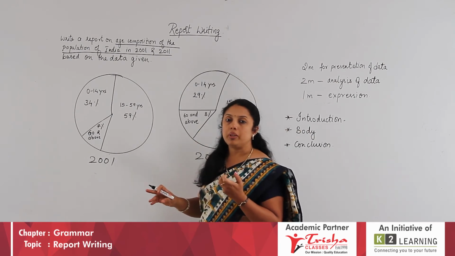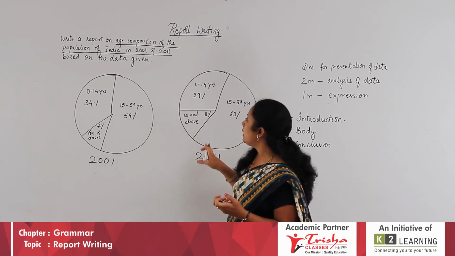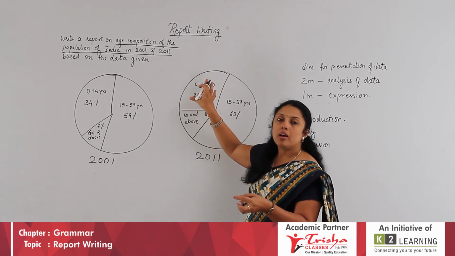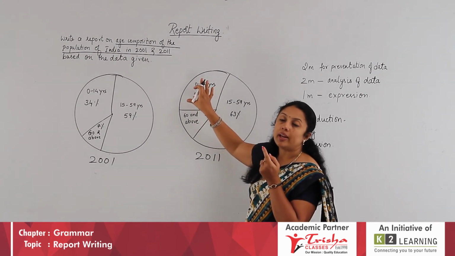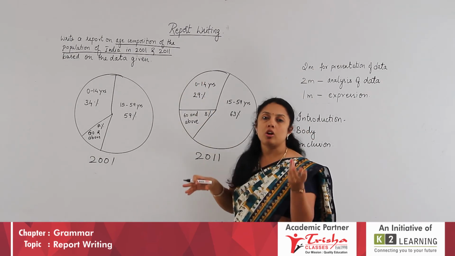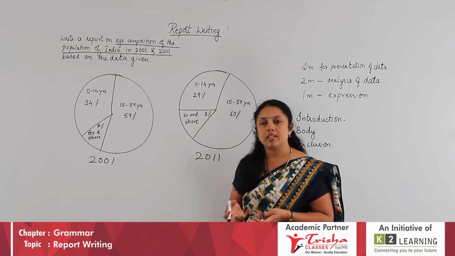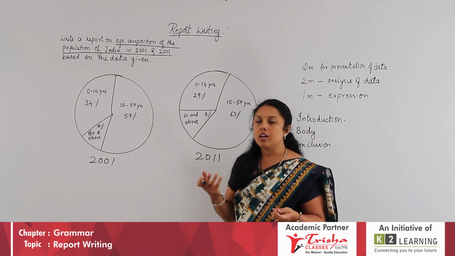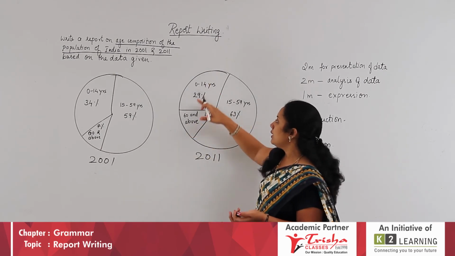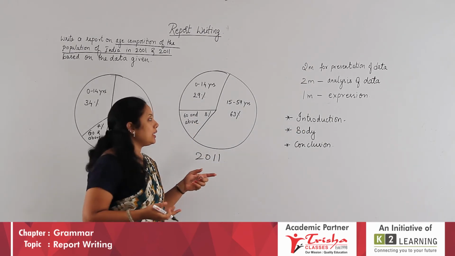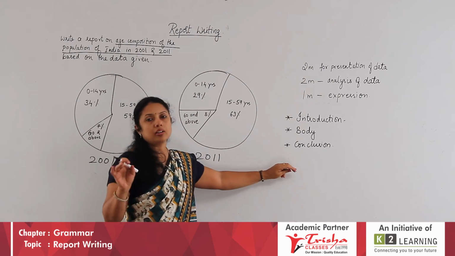That could mean that during the year 2011, more children between the age 0 to 14 could not survive because of various reasons, maybe because of diseases, maybe because of some kind of infections. So it has reduced, and therefore the mortality rate has increased. So that will be your conclusion.